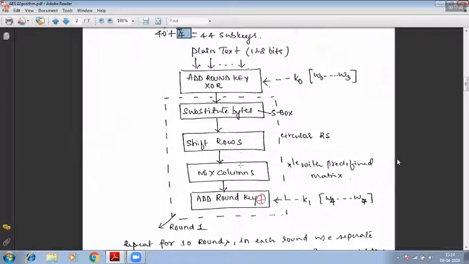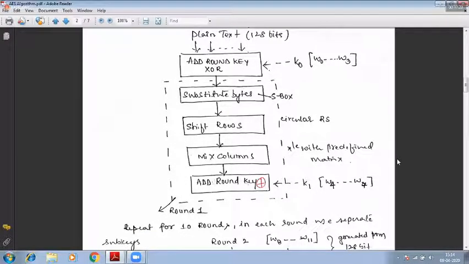I'll come to each block in detail later. After shift row comes mix columns, and then the add round key operation takes place. Here we again make use of the key in the add round key operation.